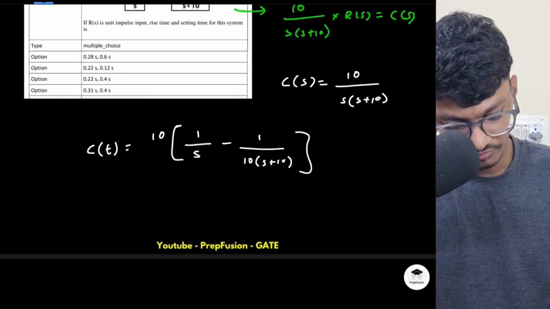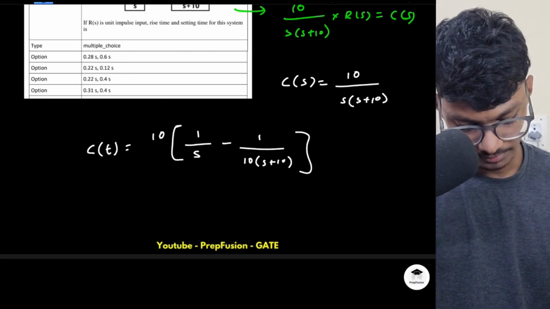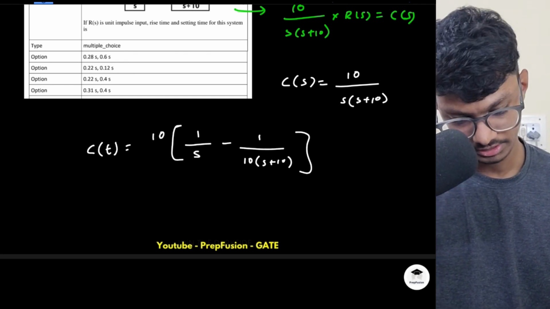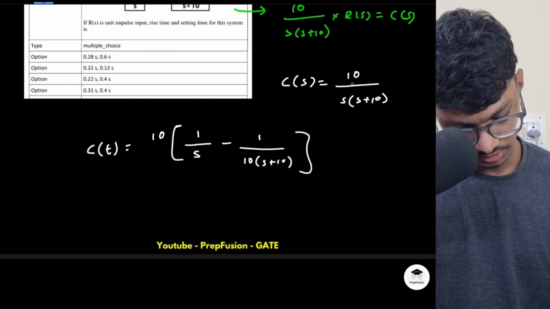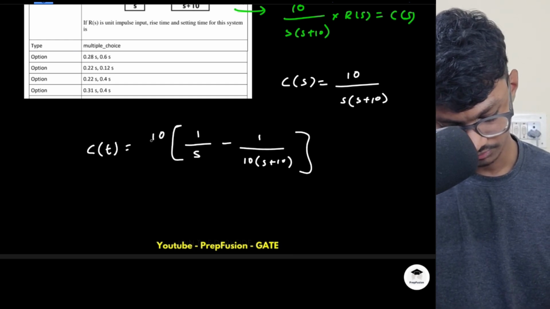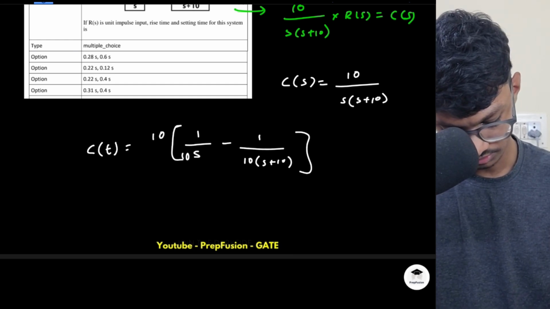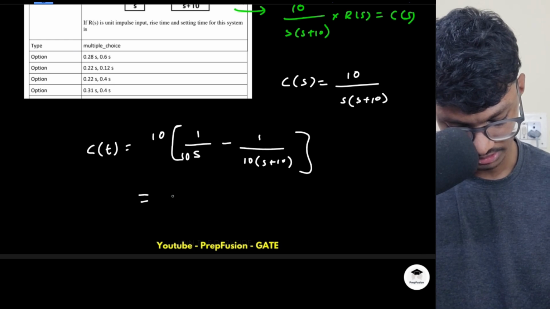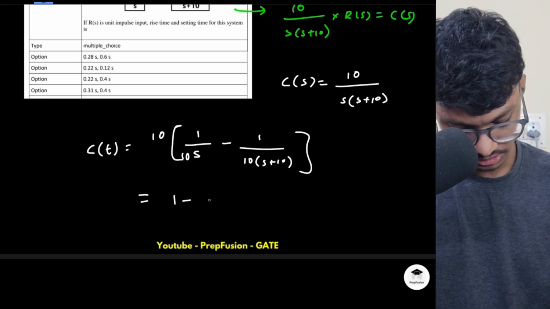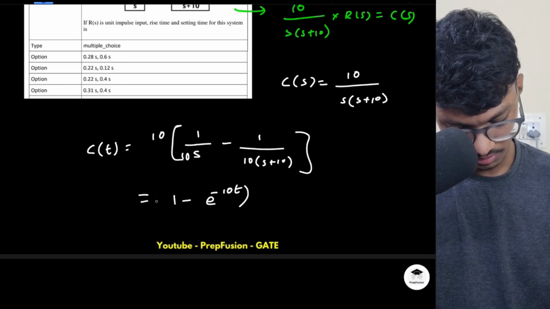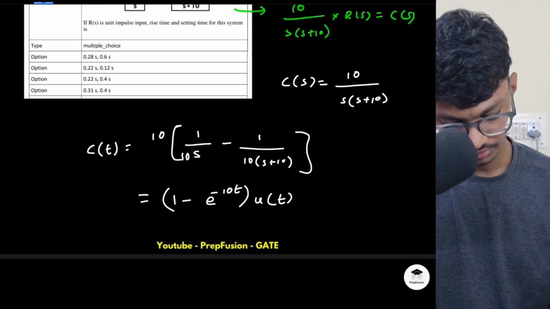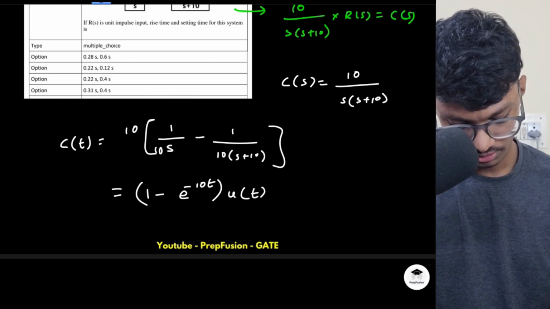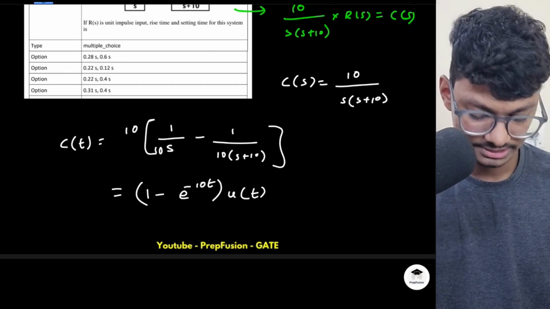Now if I take the Laplace inverse of this, anyway we get back our same result, that is 1 minus e raised to power minus 10t into u of t. So this is my value of C of t.